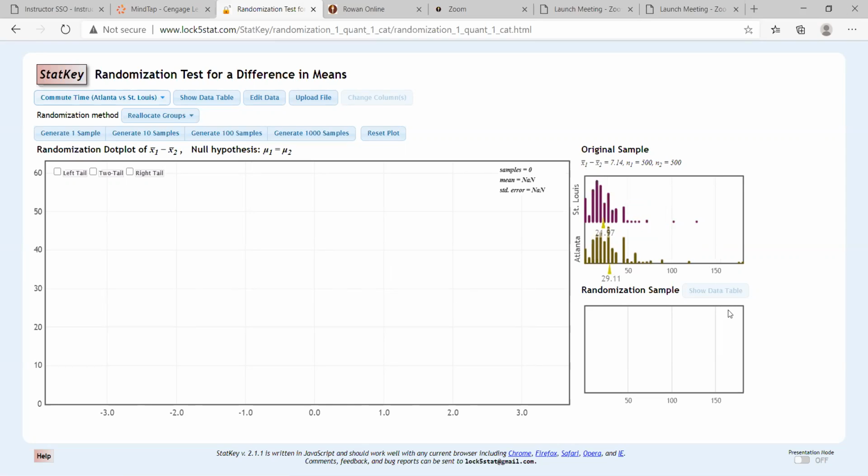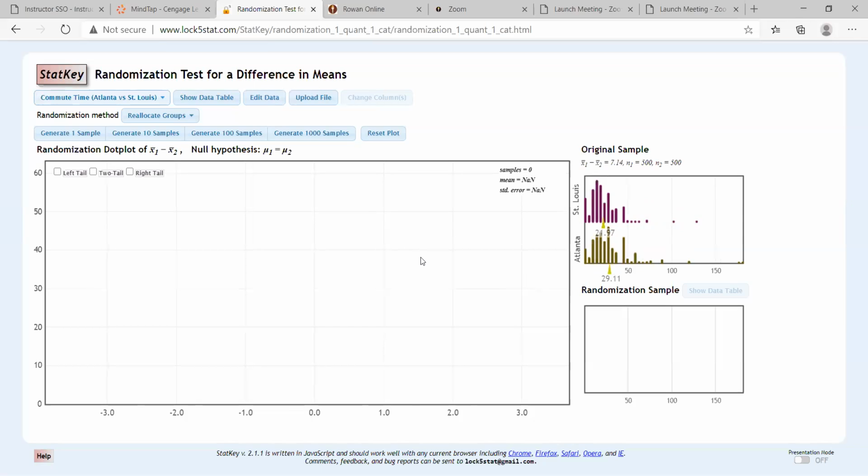That's x2 bar. If we subtract those two means, 29.11 minus 21.97 is 7.14 minutes. So Atlanta commuters on average commute 7.14 minutes more than St. Louis commuters. Hopefully that makes some sense.